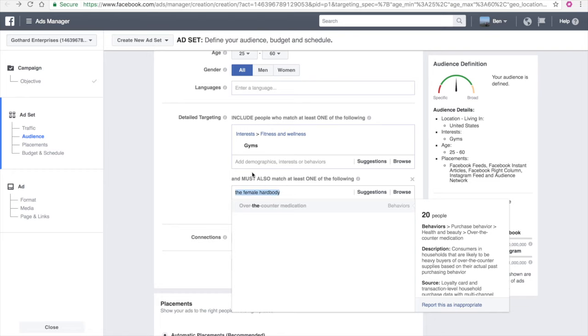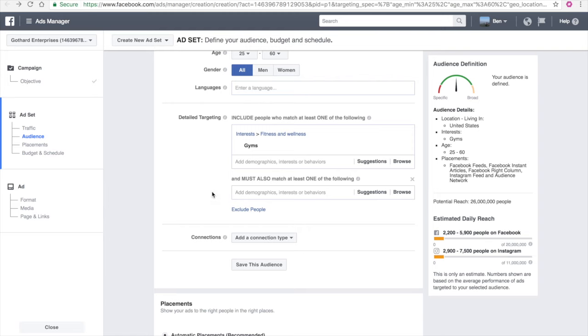Now, one of the things that you're going to recognize when you're doing this, and it's sort of frustrating, is that not all of the interests that you find, not all of the pages that you find, are going to be available to target.